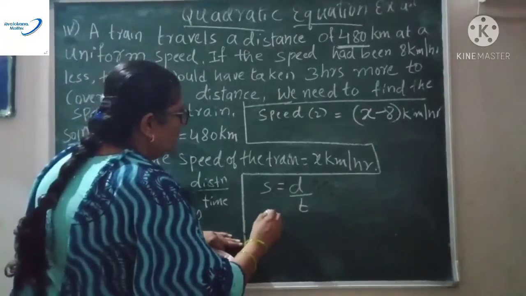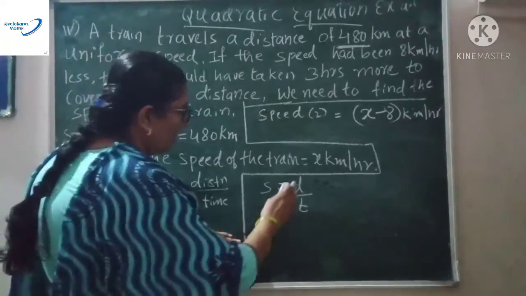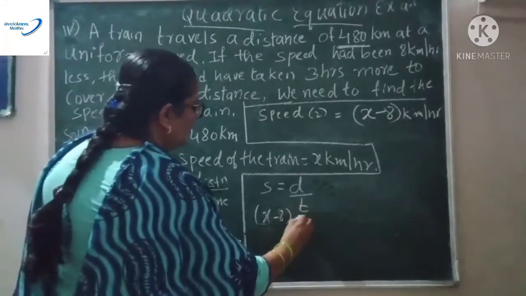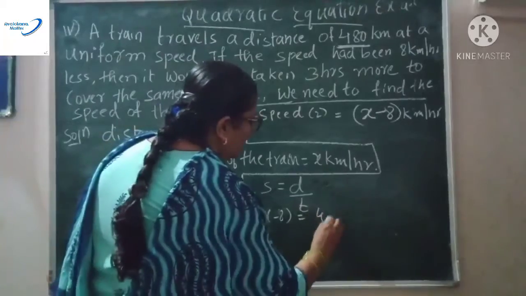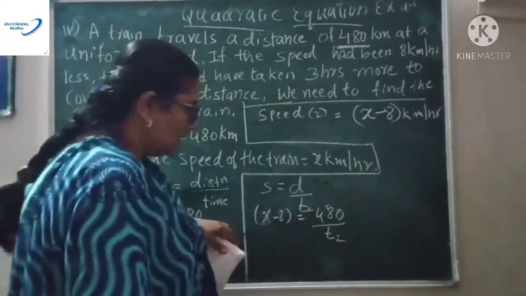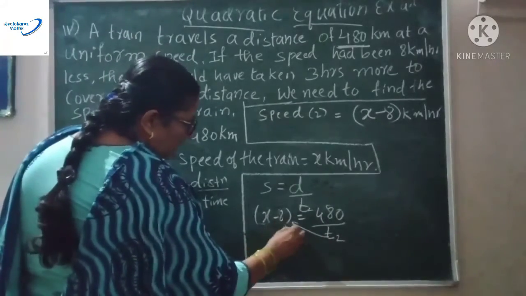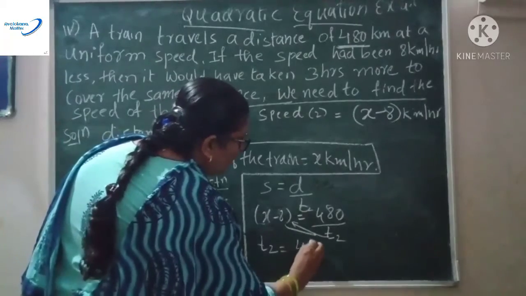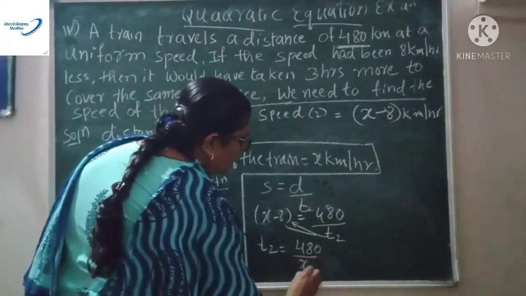The speed is x minus 8, the distance is the same, 480, and the time taken we don't know, so I call it t2. It goes to the denominator, so t2 is equal to 480 upon x minus 8.